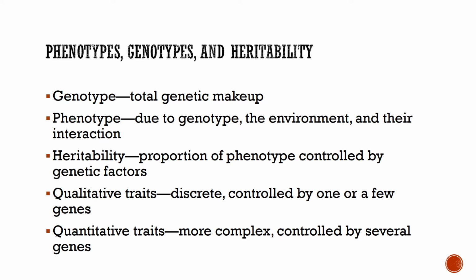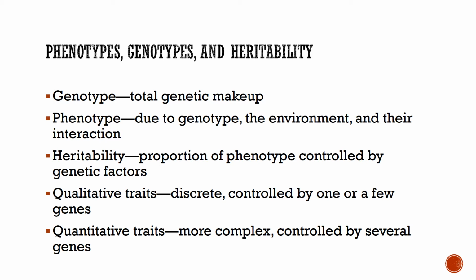Phenotype is also because of the genetic makeup. The plant has to have that genotype, and then has to work within the environment as well. The heritability, the qualitative traits and the quantitative traits come after the genotype and the phenotype. Heritability is the proportion of the phenotype that is controlled by genetic factors, again going back up to the genotype. For qualitative traits, we look at one or a few genes.